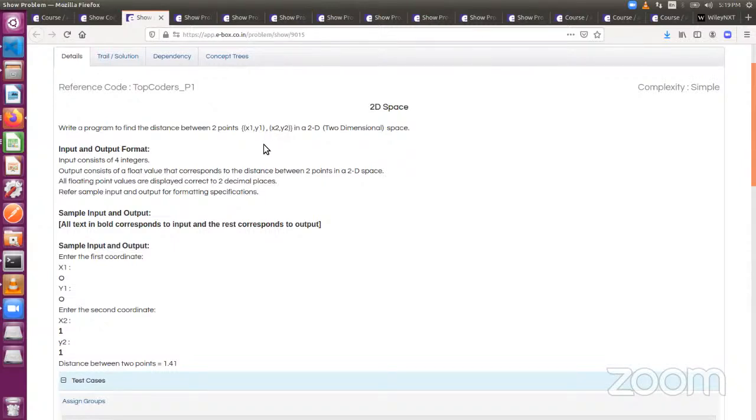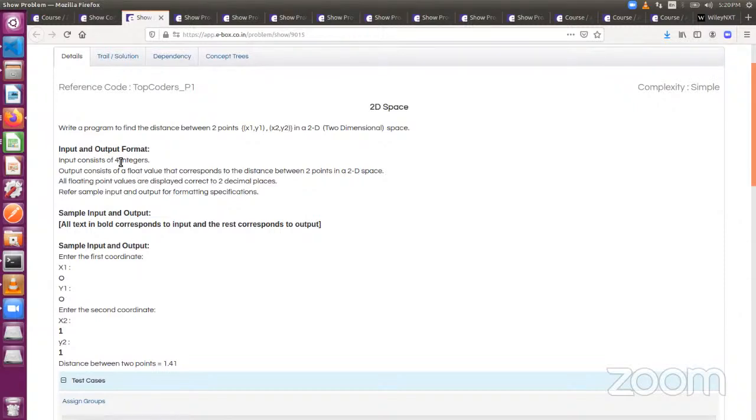The square root of a square plus b square, where a is x2 minus x1. So it is the square root of (x2 minus x1) the whole square plus (y2 minus y1) the whole square. That is for 2D. If there are multiple dimensions, then it keeps on adding. So the next problem will be multiple dimensions.